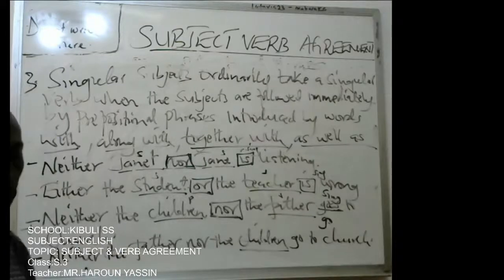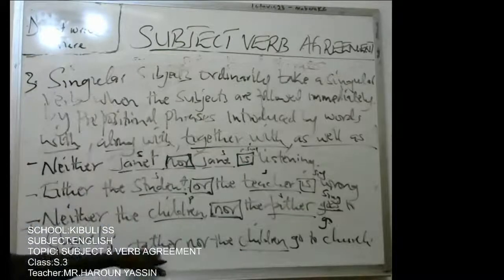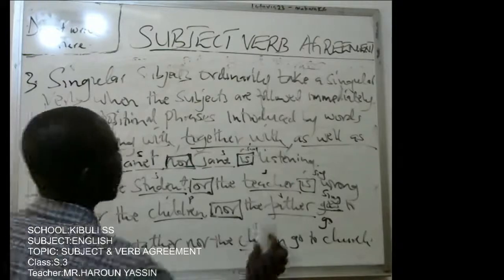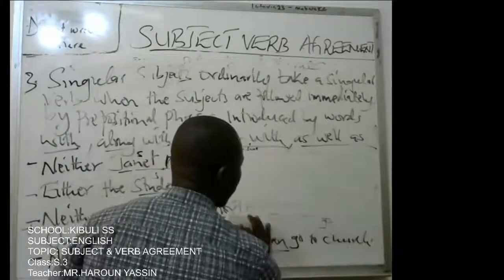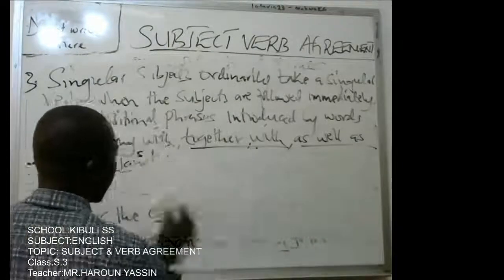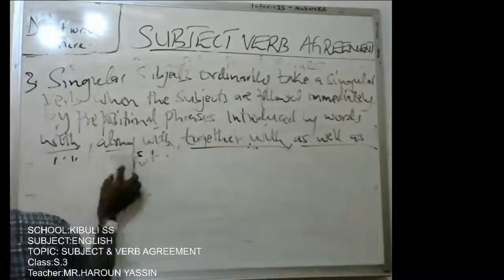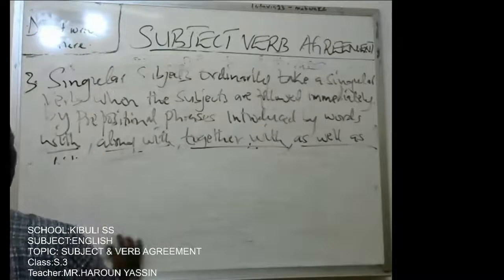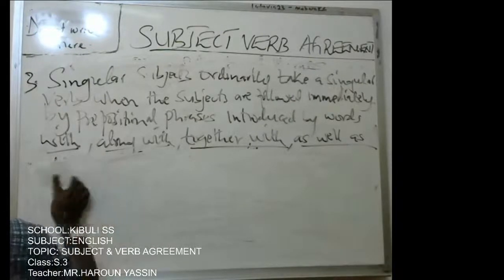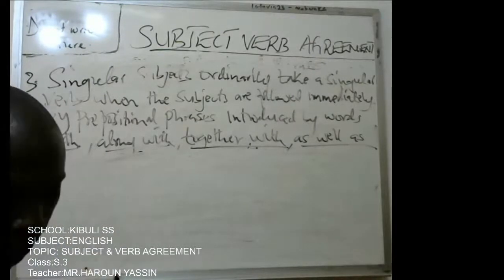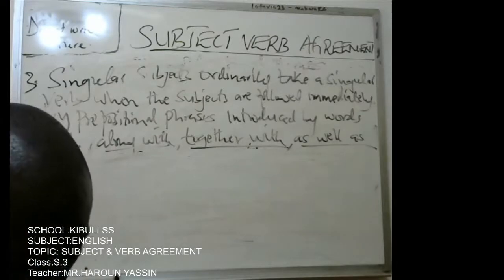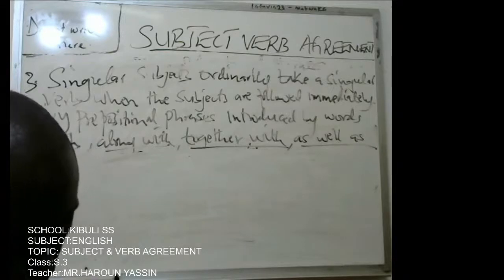I can give more sentences in line with this. Hopefully you have copied this one. I'm going to give more sentences before I give you the rule that is usually followed. We have said, either the student or the teacher is wrong.